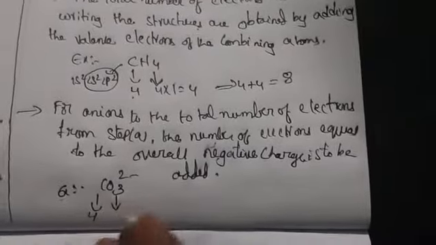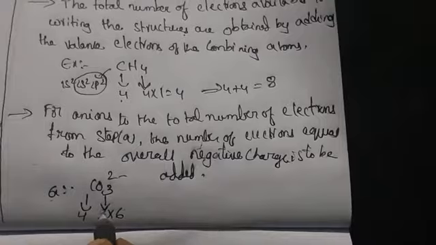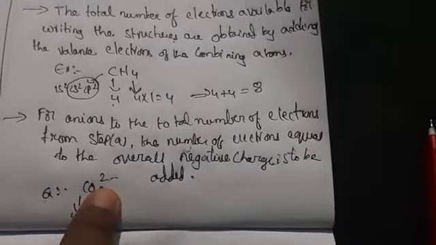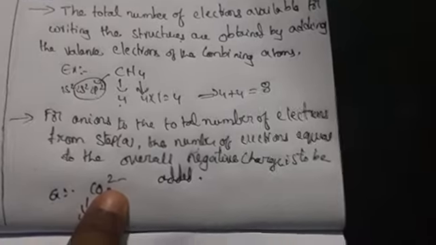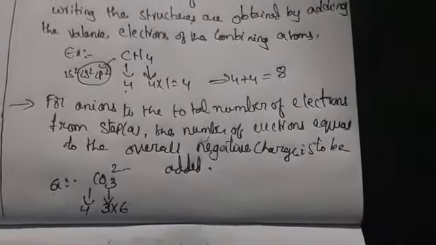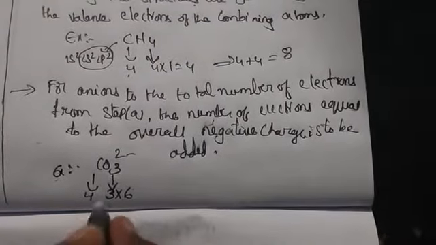So what will the valence electron count be here? 3 into 6. What is the oxygen atomic number? 8. Oxygen atomic number is 8.